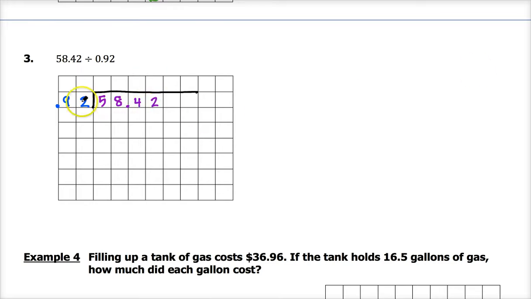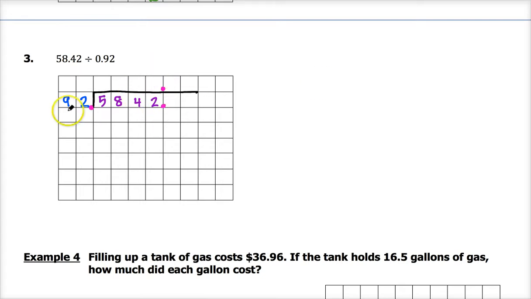This time I need to move my decimal point 2 places to the right to make 0.92 the whole number 92. And that means I need to do the same thing in my dividend. I need to take this decimal point and move it 2 places to the right so that it goes here to the right of my 2. And then I'm going to line up the decimal point in my quotient straight above.